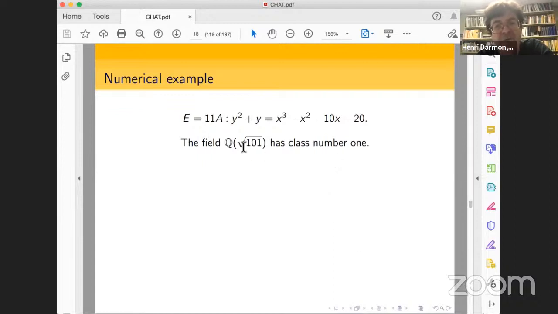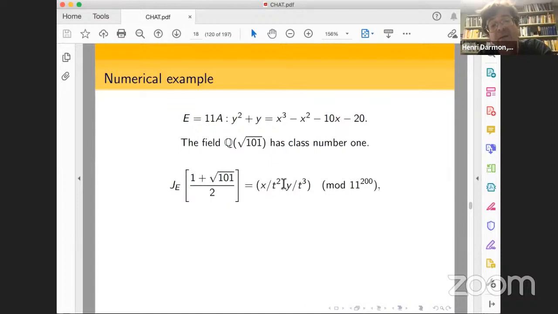So for example, here we take the real quadratic field of class number 1, which is Q adjoined the square root of 101. And if we evaluate the analytic cocycle attached to E at this real quadratic point, we get some p-adic numbers. And here we evaluate them modulo 11 to the 200. And one can recognize the coordinates as being certain algebraic points.